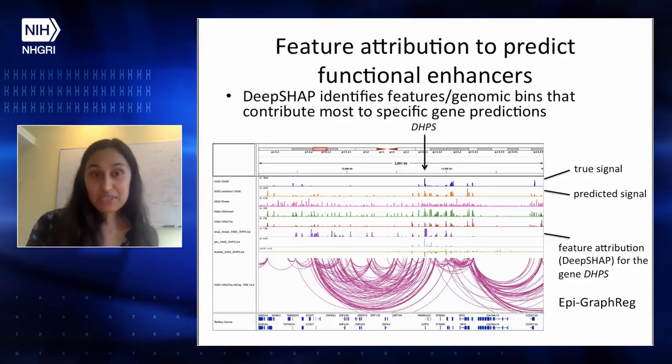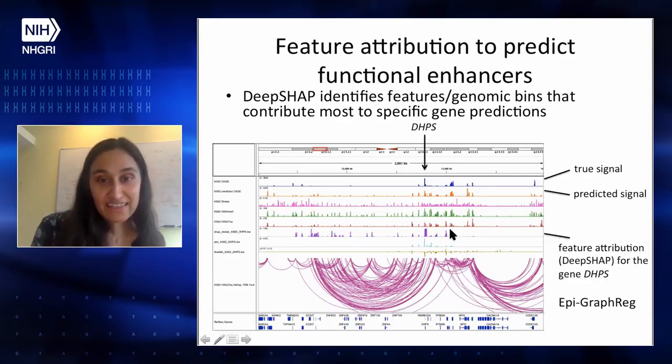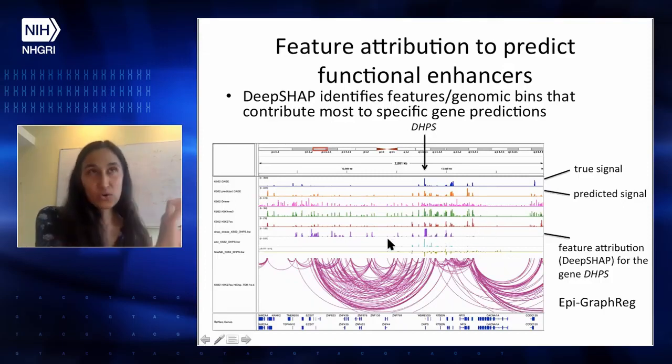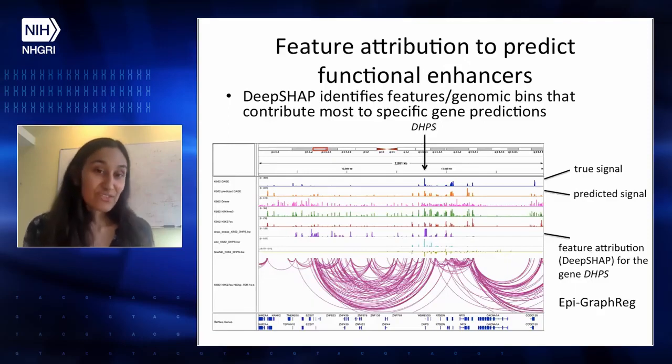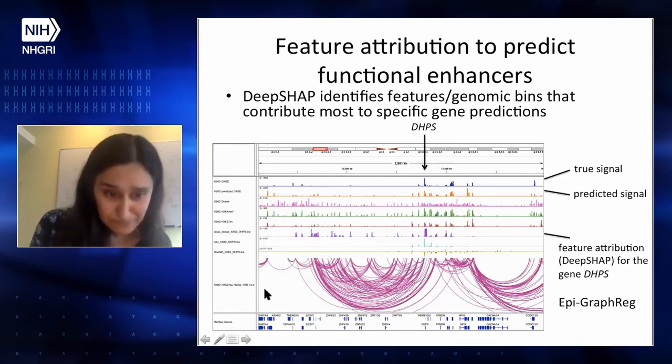We can sum up these contributions and get a track like this, which tells us which positions along the genome the model thinks are important for predicting this gene. That feature attribution approach gives us a prediction of where we think the functional enhancers are.